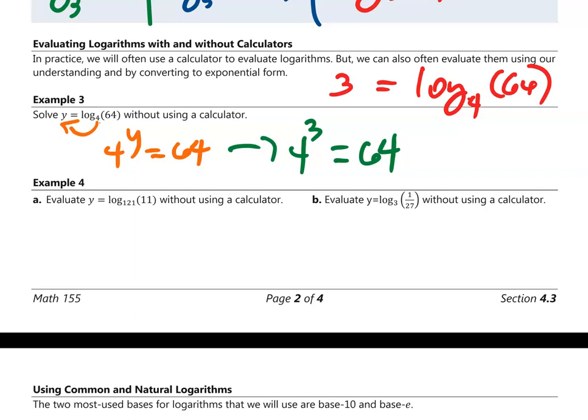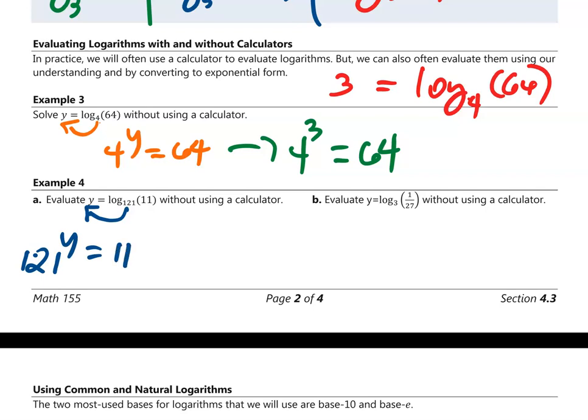Okay, let's try these examples A and B. Letter A, evaluate y equals log base 121 of 11 without using a calculator. So let's try, since 121 is the base, we can rewrite this as 121 raised to y is equal to 11.